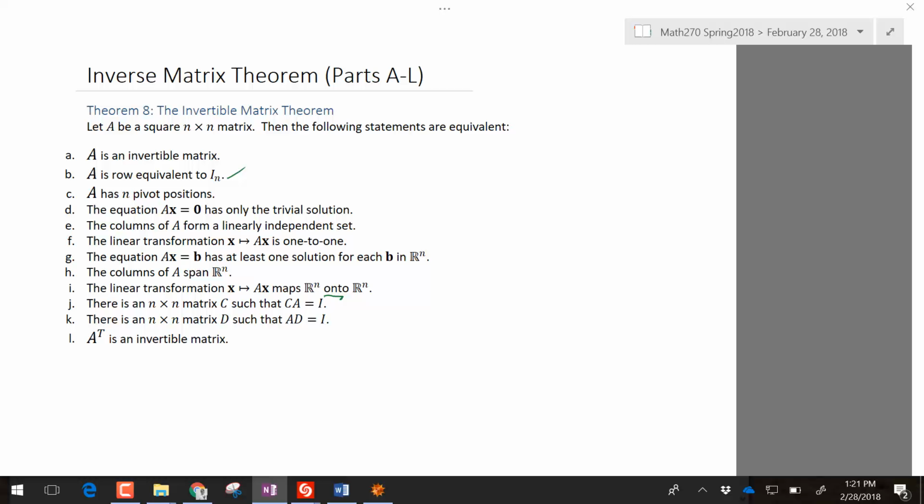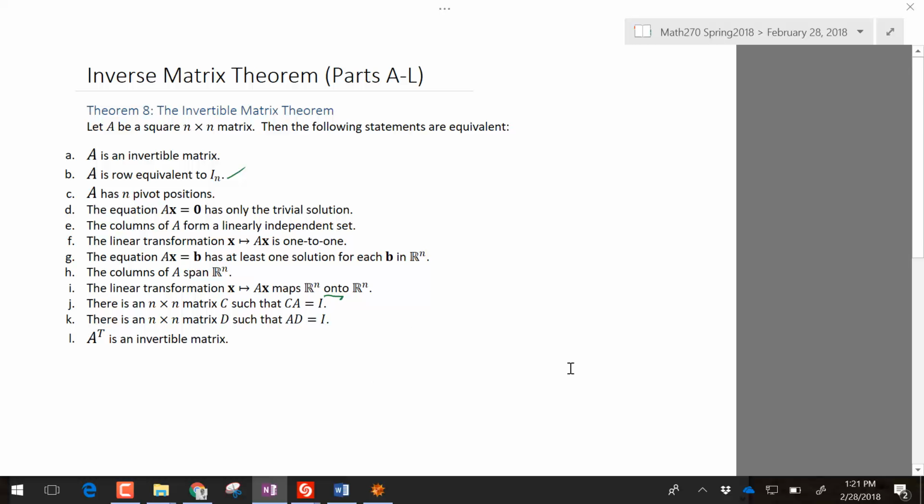We're also going to talk about eigenvalues and eigenvectors, and so there will be statements about eigenvalues and eigenvectors that go here as well. So we'll look at this list later on and add on to it as we learn more theory on matrices. But for now, this is what we got.